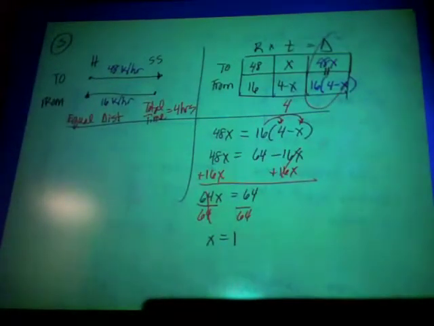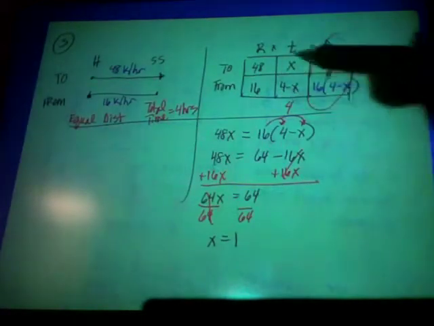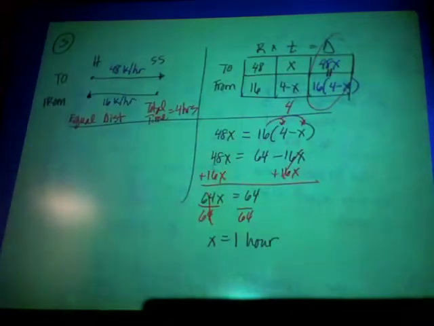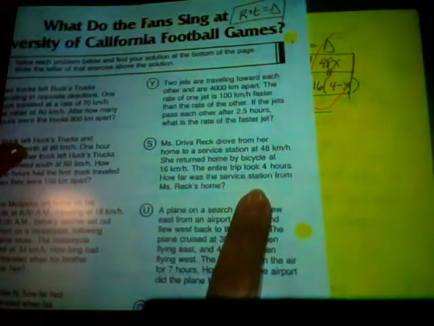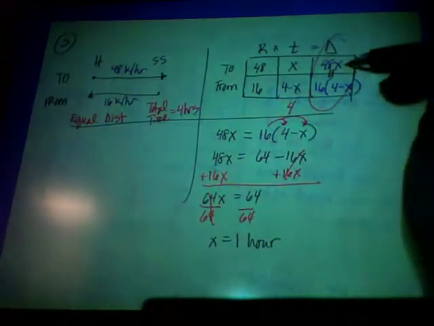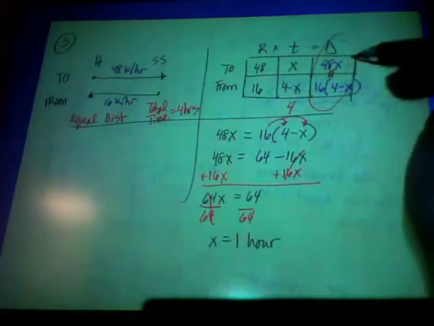Go back to your chart. What unit of measure is attached to X? Hours, because it's time, right? So this is 1 hour. I forgot the question. So go back to your problem, look at S. S says, how far was the service station from Ms. Reck's home? Here's distance. Does it matter whether I plug it into here or here? Aren't these the same?